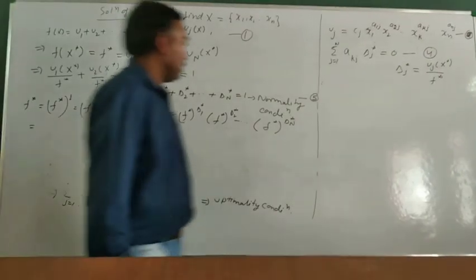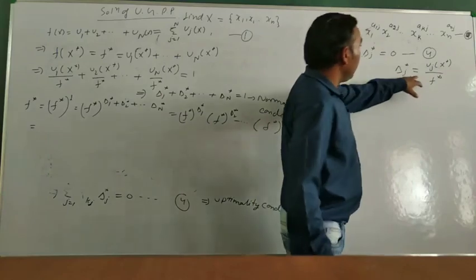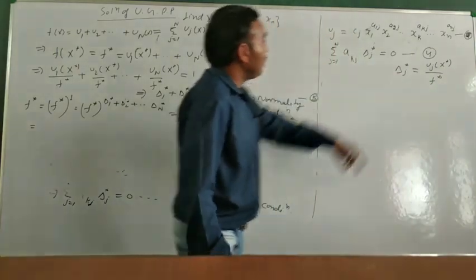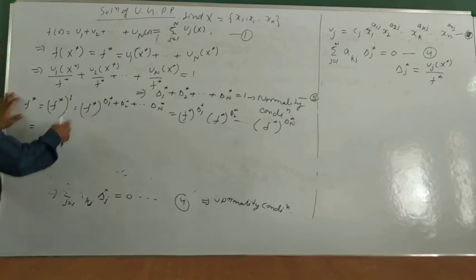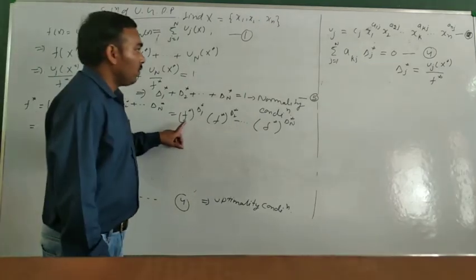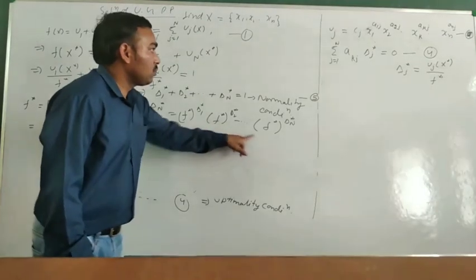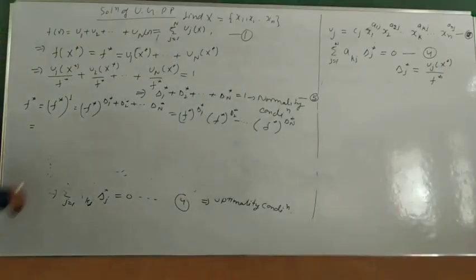And since delta j star equals uj star upon f star, f star equal to uj star upon delta j star. So simply take first delta 1, second delta 2 and third delta 3.